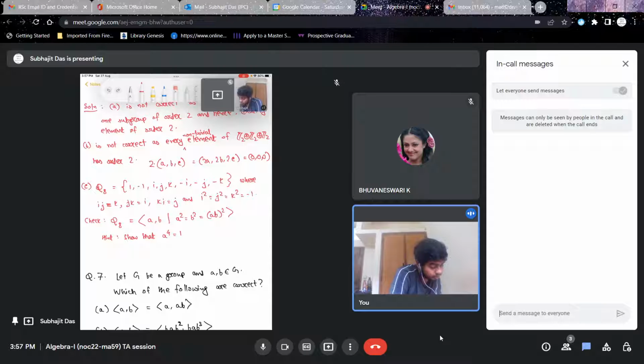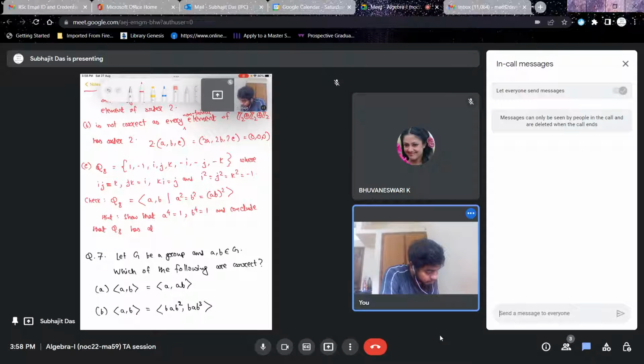So first show that a to the power 4 is identity, b to the power 4 is identity, and conclude that Q8 has at most 8 elements. Precisely what we have been doing so far.